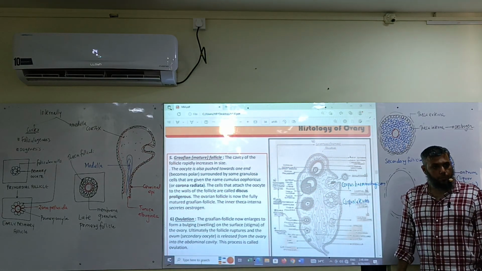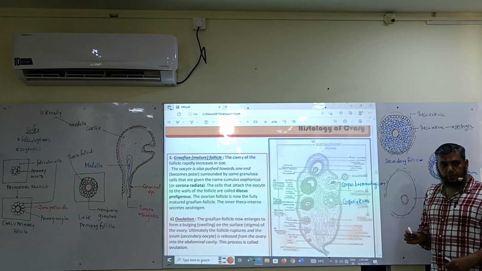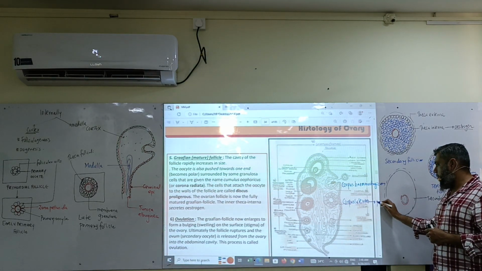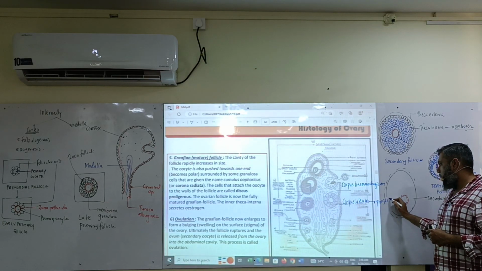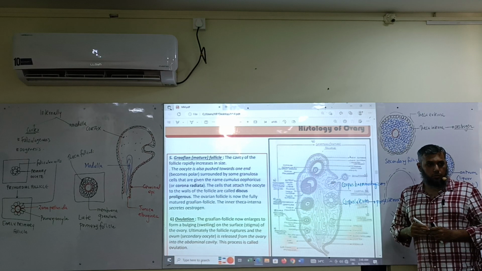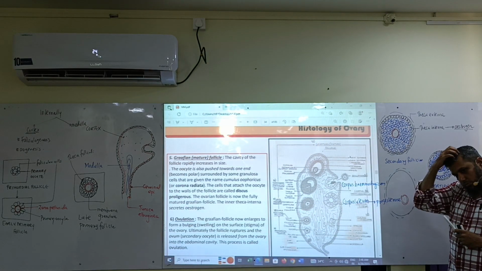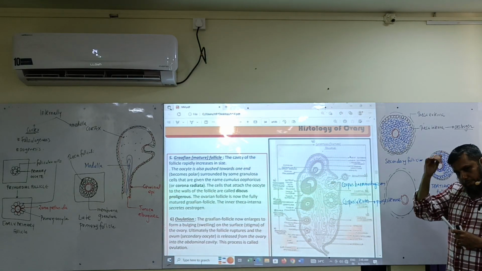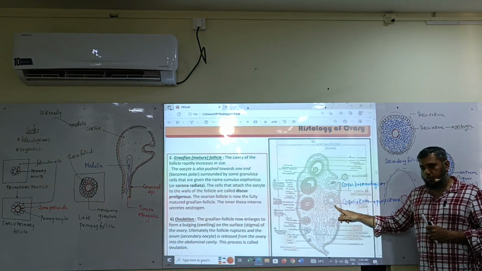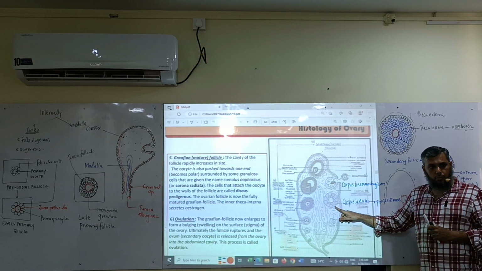Yes or no? Ayana? And this corpus luteum secretes the female sex hormone. What is the female sex hormone it secretes? Progesterone. Okay, it secretes a female sex hormone, which is called as progesterone.